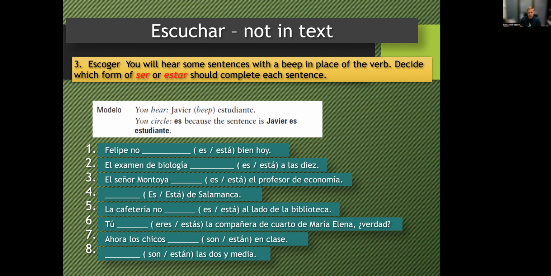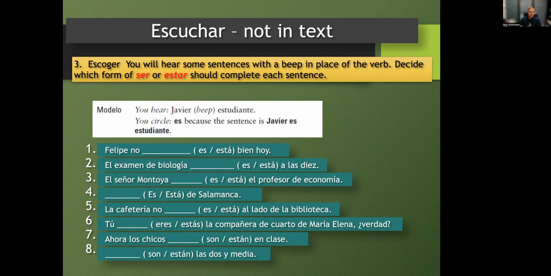Tú, la compañera de cuarto de María Elena, ¿verdad? 7. Ahora los chicos en clase. 8.